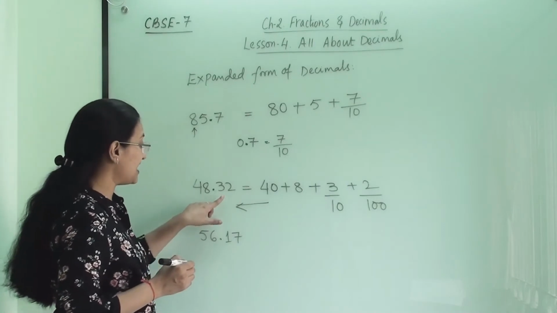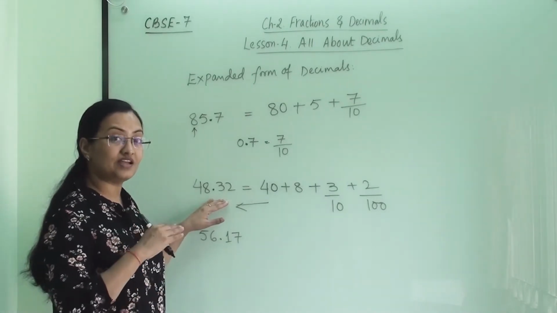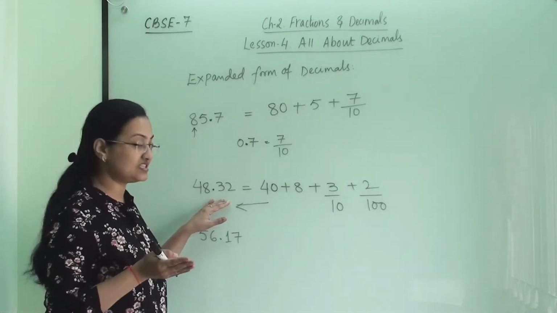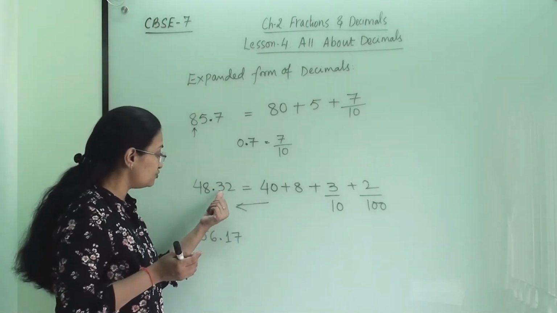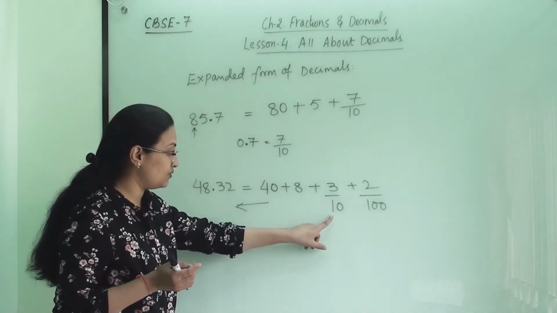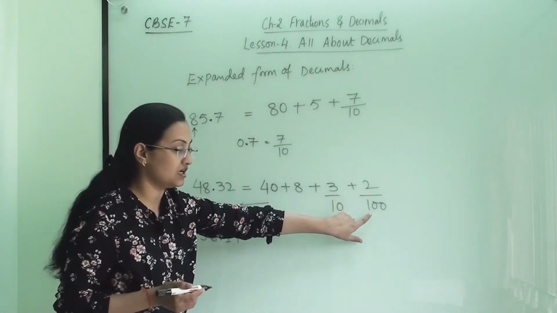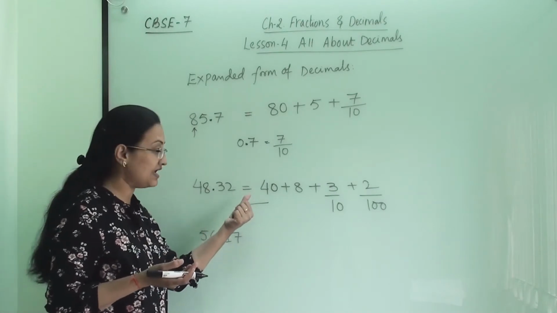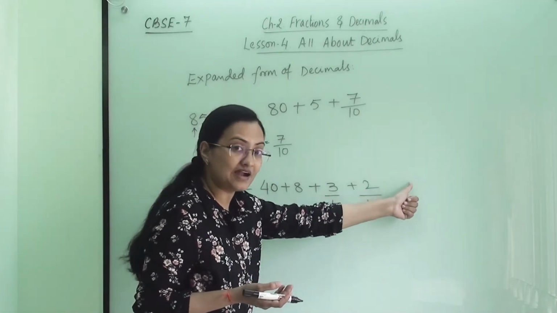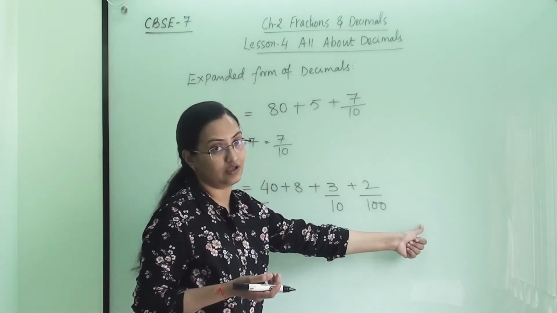But when we are writing the expanded form of this decimal, we will write it in reverse. If there had been a third number here, we would write that number with 1000 in its denominator.